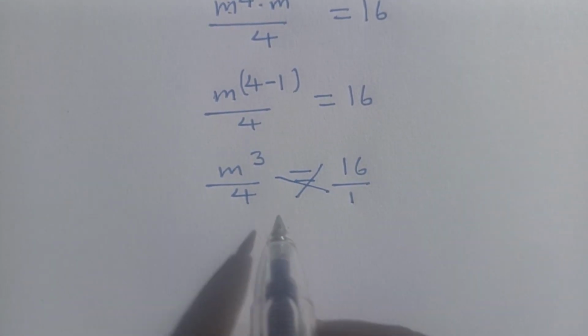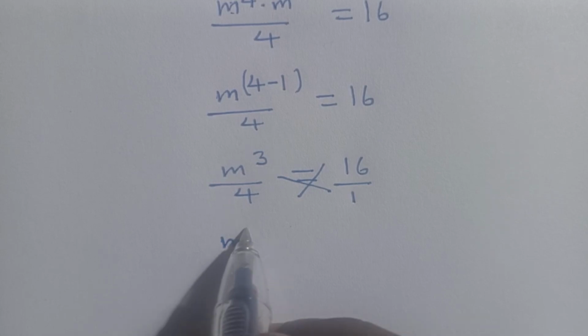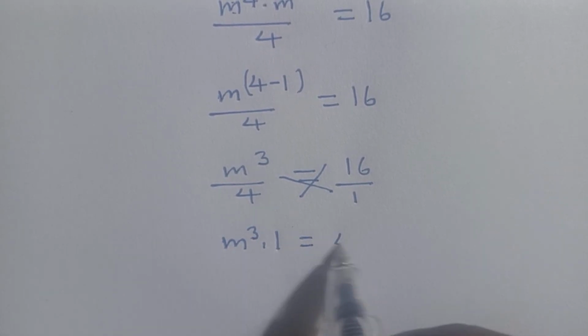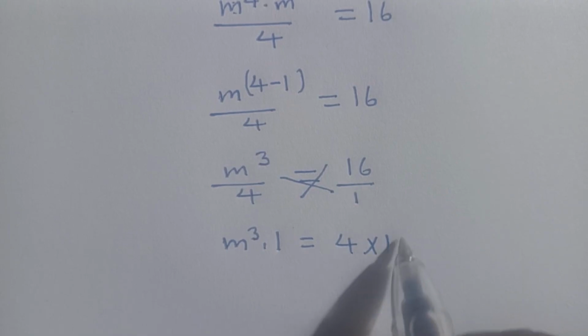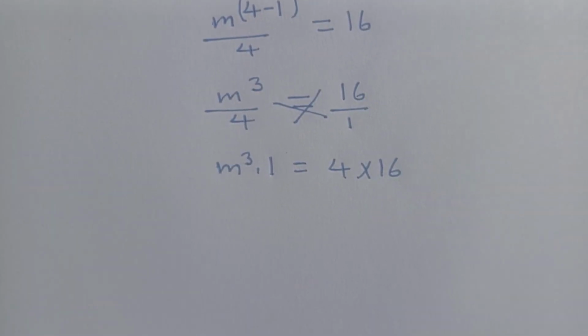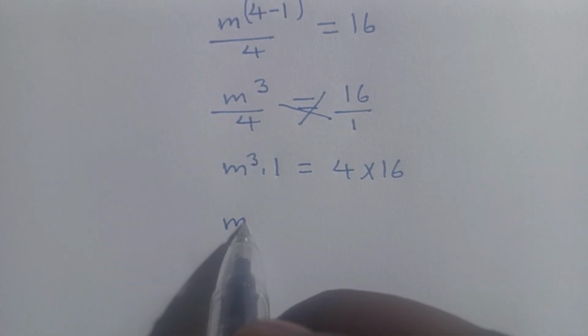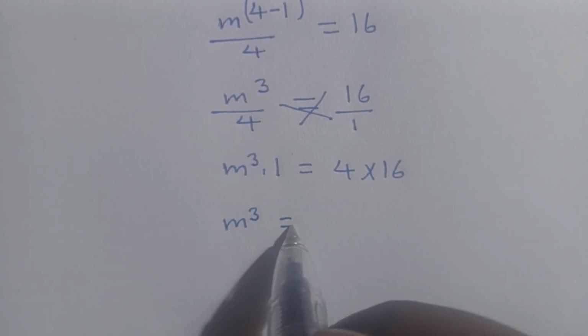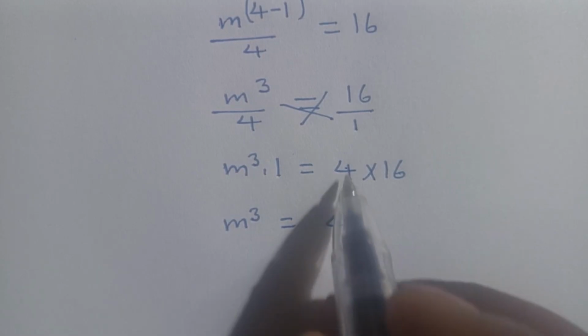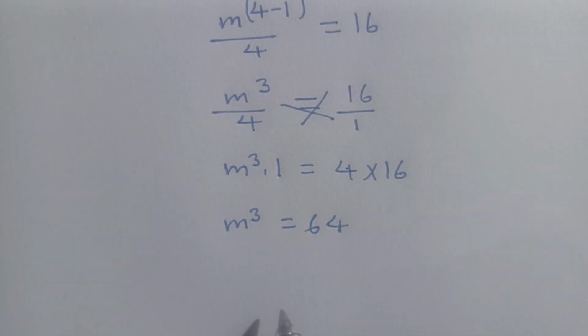Crisscross. M raised to 3 times 1 equals 4 times 1/6. M raised to 3 equals 4 times 16, which is 64.